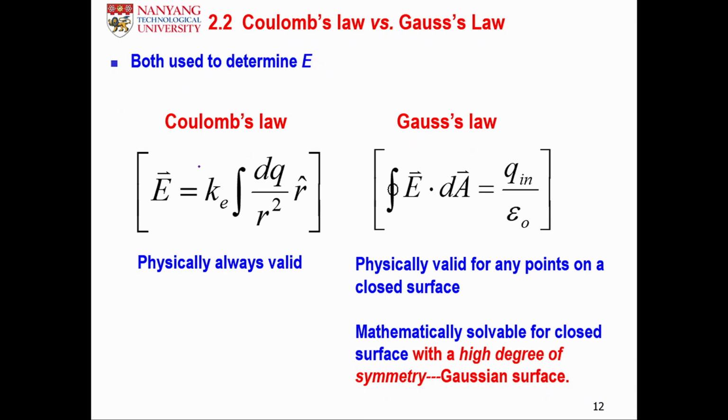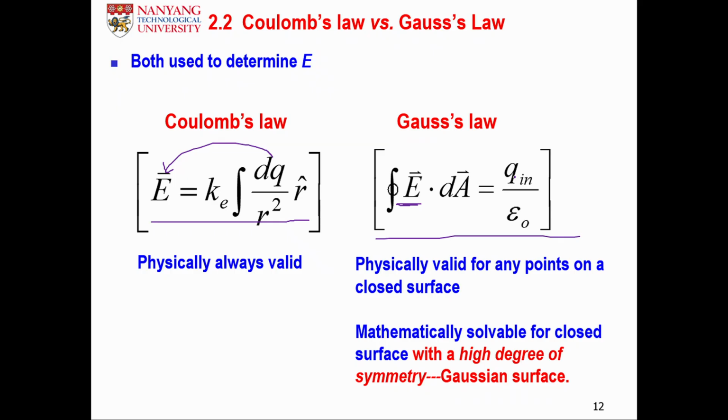So of course, until now we have two ways to determine the electrical field E. The first one is the formula we introduced in the last lecture, where you go from point charge dq to electrical field E. And another way, as you saw just now, based on Gauss's law, we can determine E just from Q in, the total charge inside the surface.